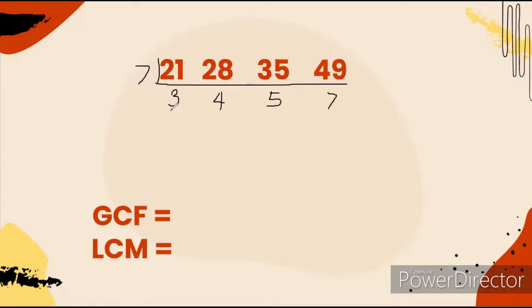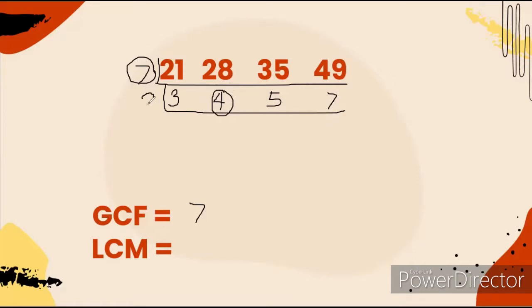Now, can we think of another prime number that is divisible by 3, 4, 5, and 7? There's no more common factor that is divisible by all these numbers. So our GCF is only 7. For our LCM, we will divide 4, since this is not yet a prime number.